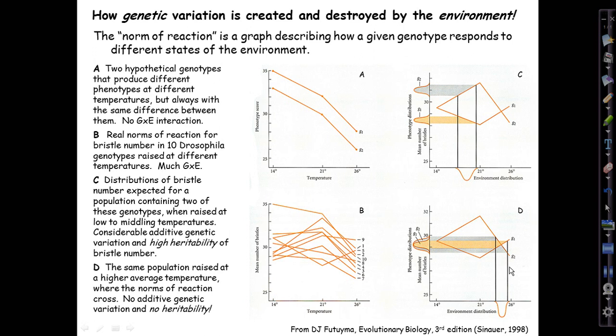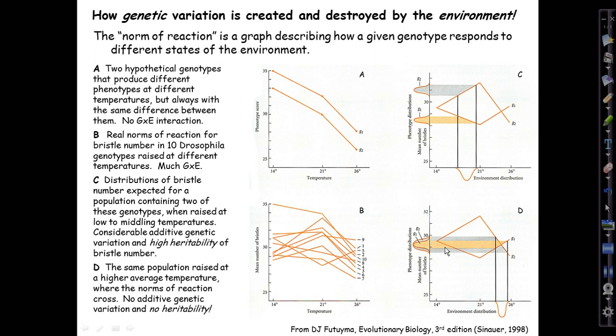But here, the same two genotypes, in just a different range of temperatures, not that far away from the first range of temperatures, the two genotypes produce phenotype distributions that have essentially the same variance each, but now their means are close to identical. So, if we select for higher or lower bristle number here, will we get a response?